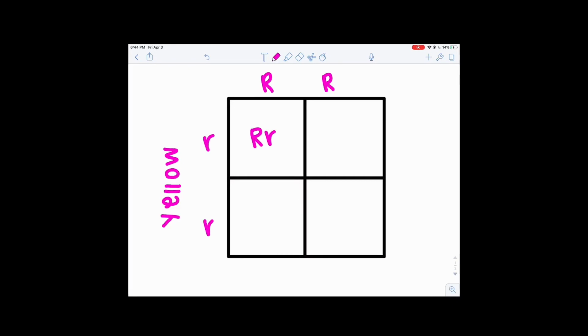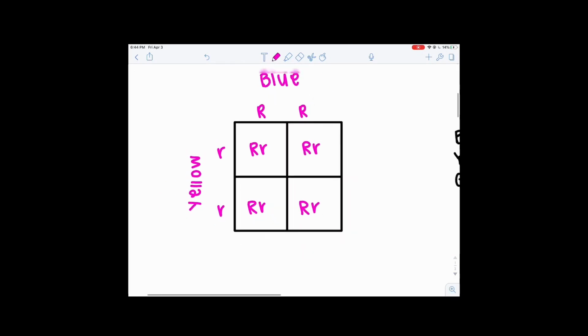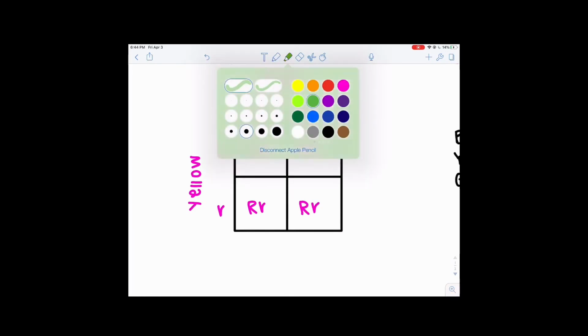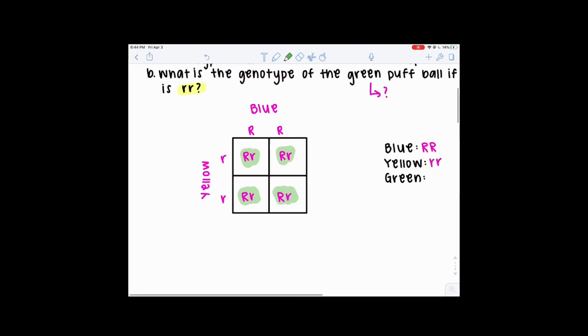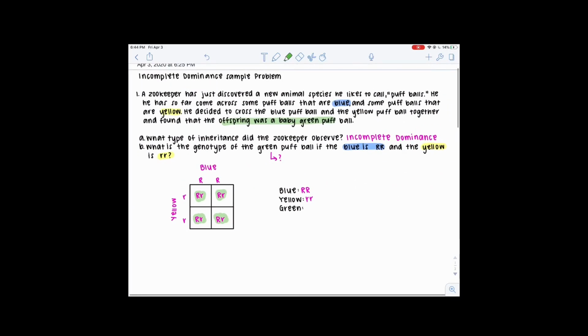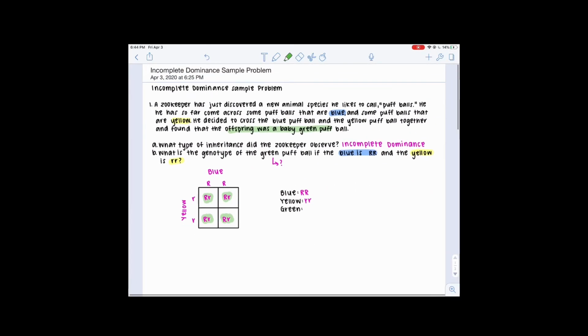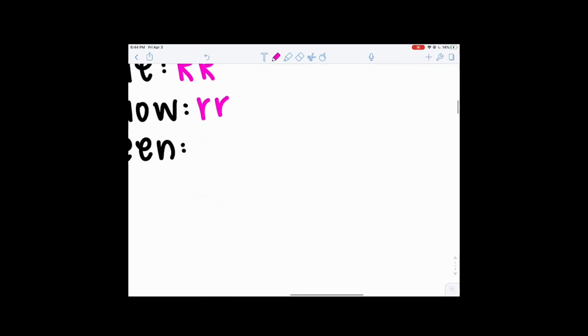And if we cross the 2 parents together, you will see that we get 100% heterozygous babies. And since we know that all 4 out of 4 babies are green, we can see that the green genotype is going to be capital R, lowercase r for the baby.